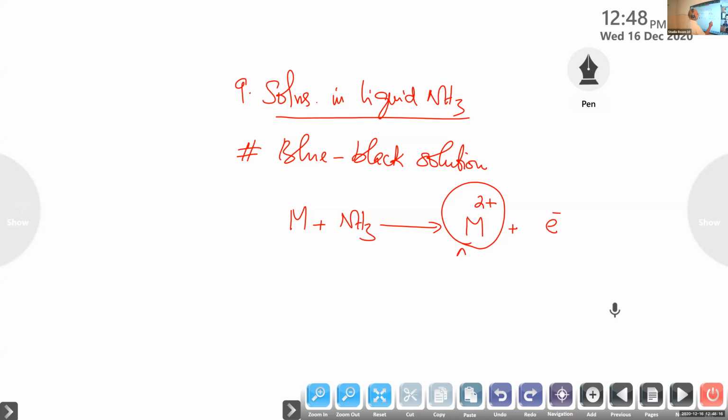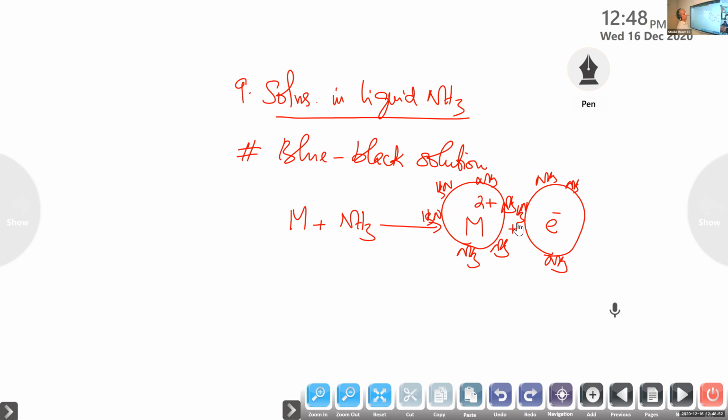These are covered by ammonia. And such ions are called ammoniated ions. Here also the electrons are covered by ammonia, and these are called ammoniated electrons.